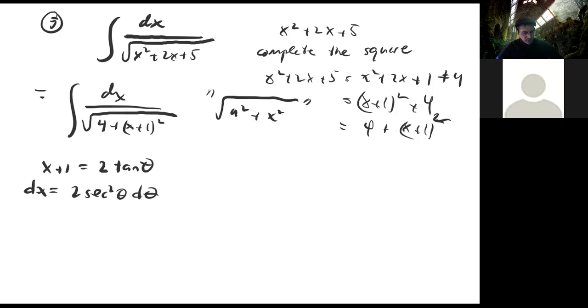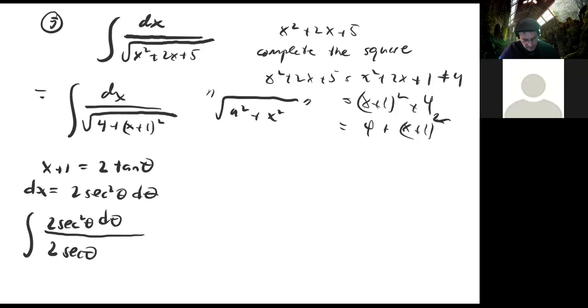And then we make the substitution. The numerator is 2 secant squared theta d theta. On the bottom, after plugging in the 2 tangent theta, it's going to be the square root of 4 plus 4 tangent squared theta, so that's going to be a 2 secant theta popping out.